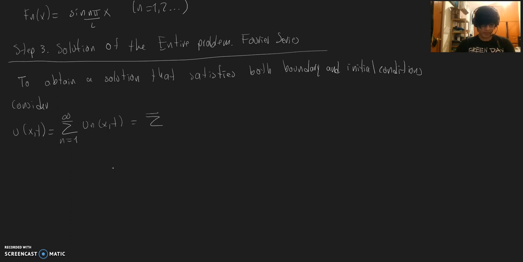That can also be represented as the sum from n equals 1 to infinity of Bn cosine of lambda n times t plus Bn star sine of lambda n t, that is g of t, times f of x, that is sine of n pi over L x, where lambda n is equal to c times n pi over L. We have already mentioned this before.